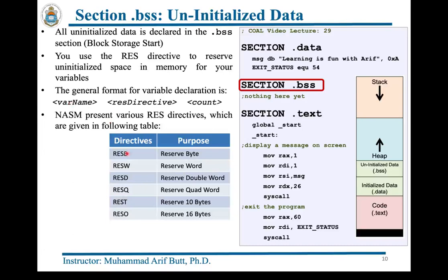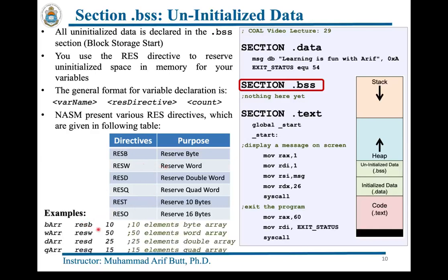NASM presents various reserve directives like RESB for reserve byte, RESW for reserve word, and so on. And these are some examples. For example, BARR is the name, RESB is the directive reserve byte, and this 10 means we want an array of 10 elements, each of size byte.